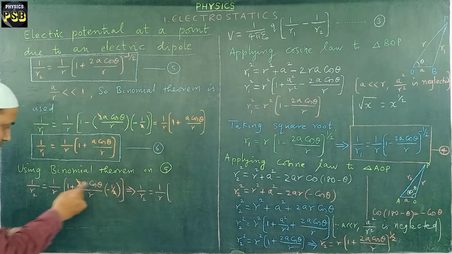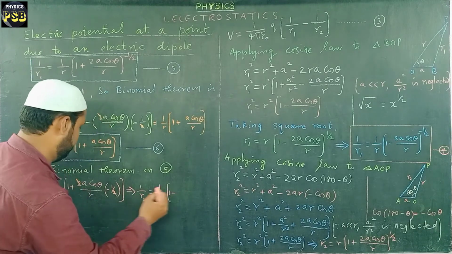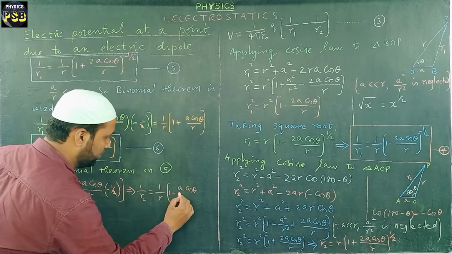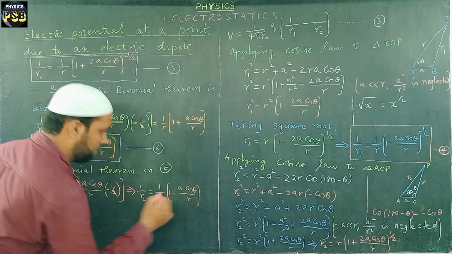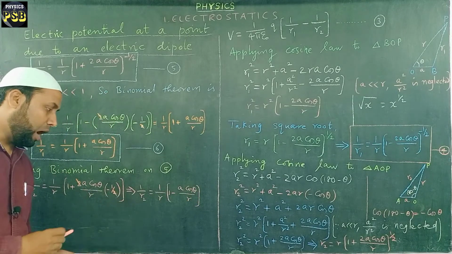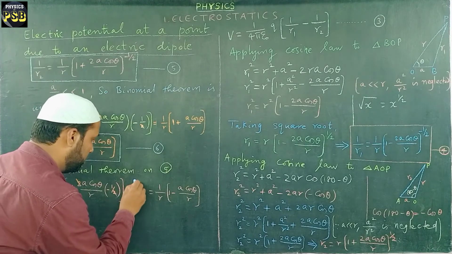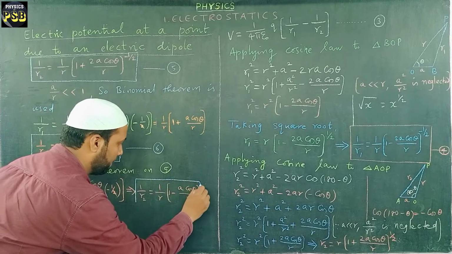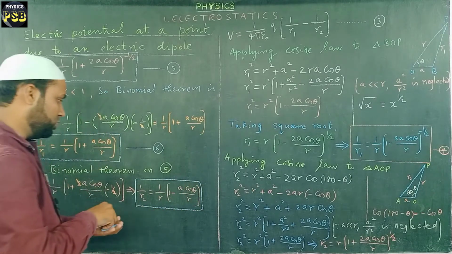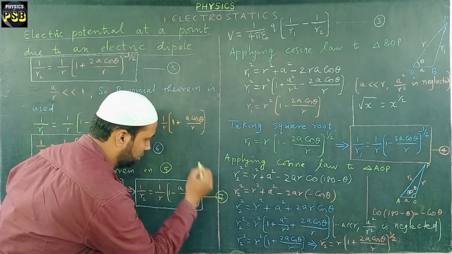Now minus multiplied with plus, you get minus 1 minus a cos theta divided by R. This is the value of 1 upon R2. So I box this for better visibility. I name this one as equation number 7.